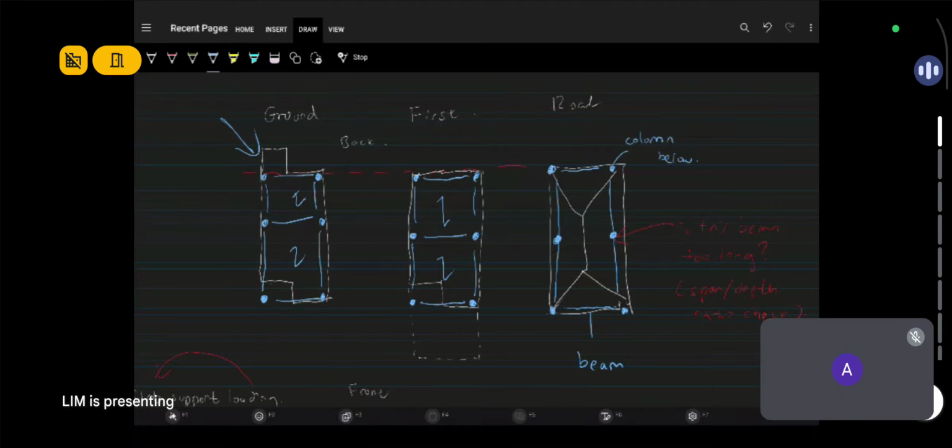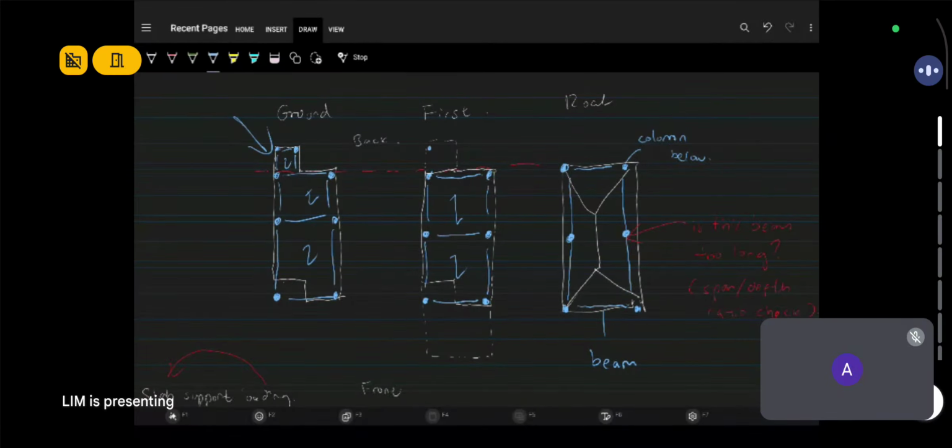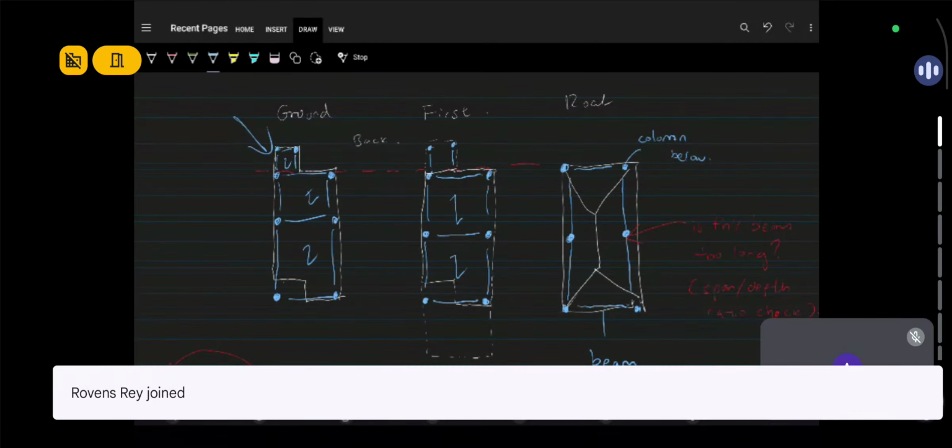So you have structure there, and you have to provide beam and column for it as well. That area will also need a roof, so you also need a column here to support the roof. Okay, now I have finished framing it.